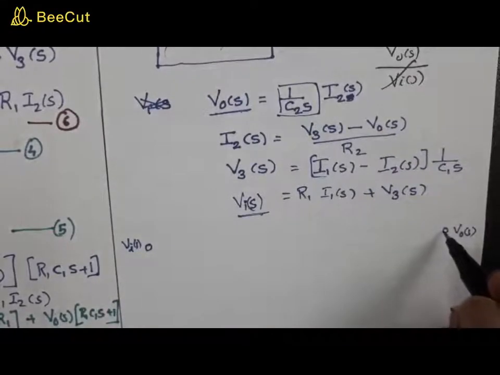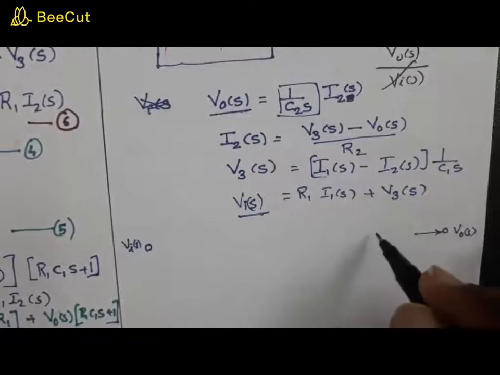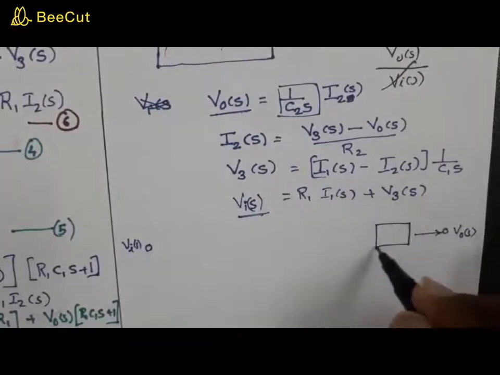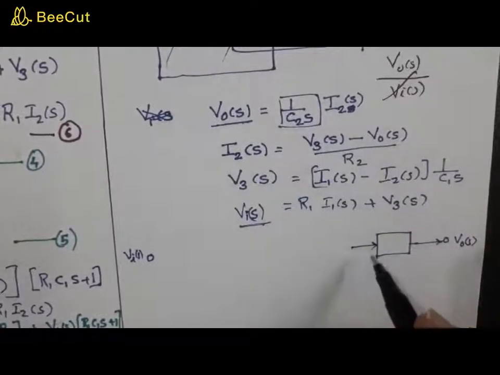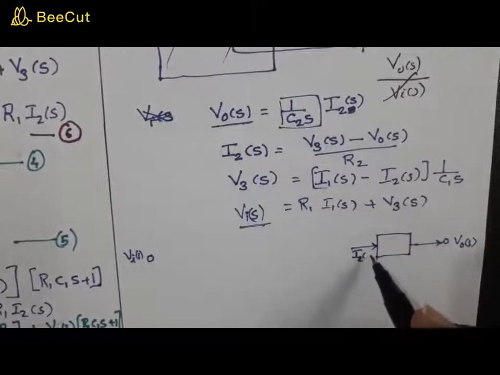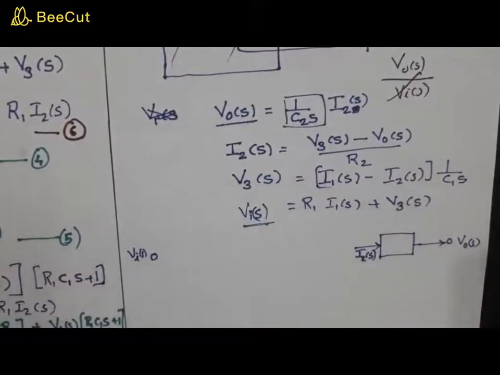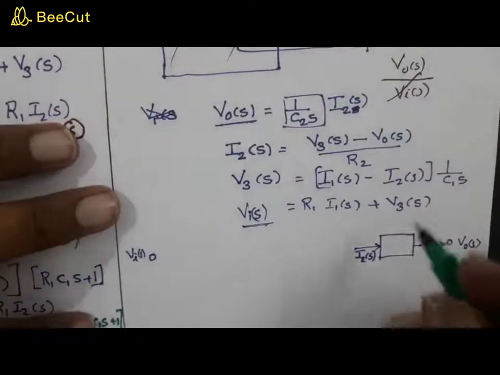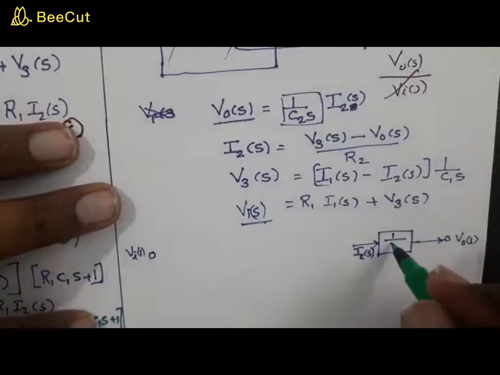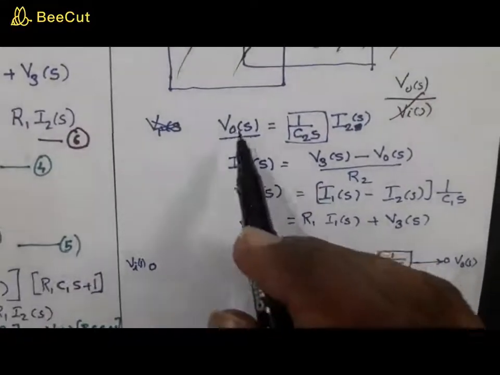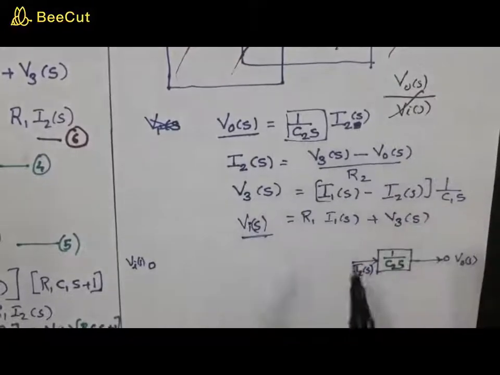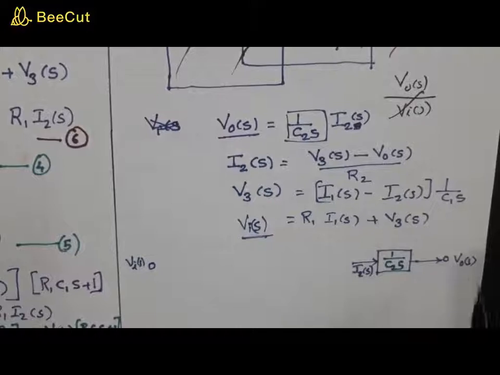V0 of s is the result of multiplying a signal I2 of s. So you can think of it like this. This is your I2 of s, and when I2 of s gets multiplied by 1 divided by C2s, it will give you V0 of s, right? That's what this equation says. V0 of s is equal to this thing into I2 of s. As per this diagram also, I2 of s gets multiplied to give V0 of s.